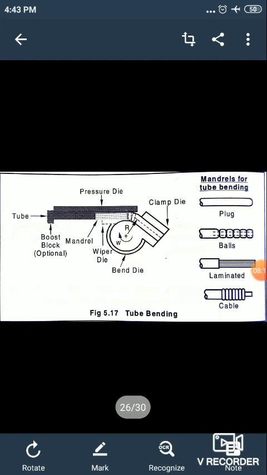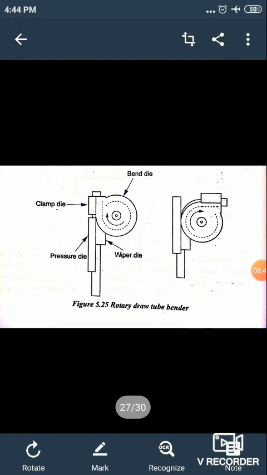Okay, we can see the tube bending operation. Here we can see a mandrel, wiper, bend die, clamp die, pressure die, etc. First we will move on to rotary draw benders, or mandrel benders.